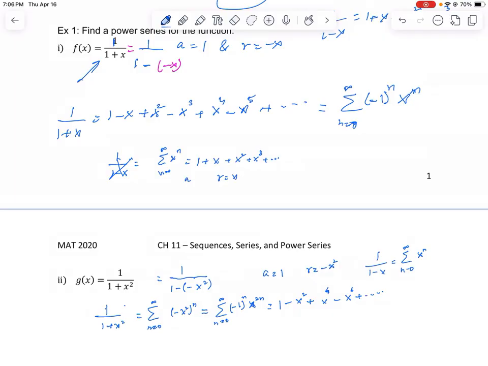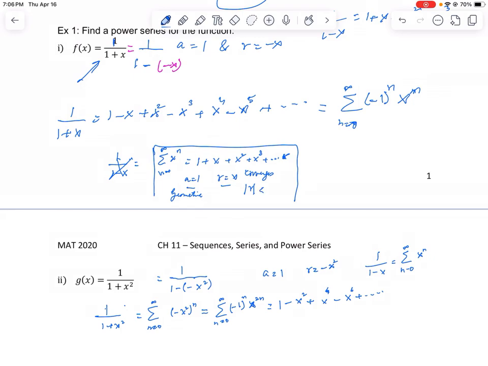Now this series is a geometric series, and that's why we are getting a and r. A is the first term, r is the common ratio. This geometric series converges when the absolute value of r is less than 1.